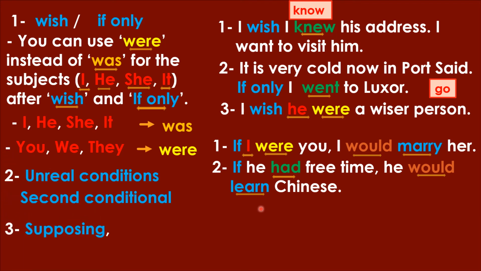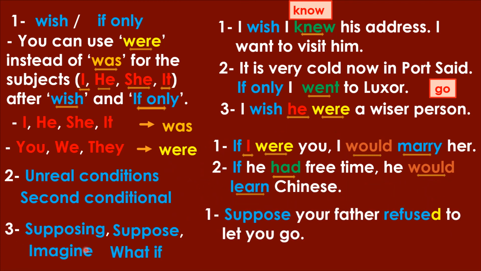Okay. Let's have a look at some other expressions like supposing, or suppose, or imagine, or what if. Again, we use the unreal past with these expressions. Let's have a look at some examples. Suppose your father refused to let you go. If you look here at refused, refuse is the past form of the verb refuse.